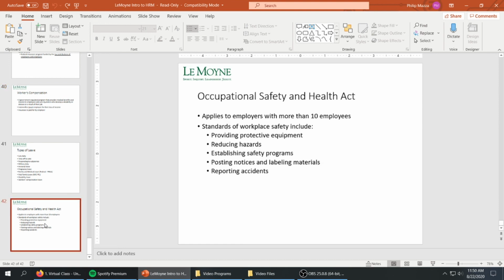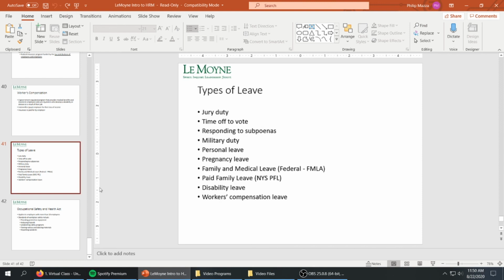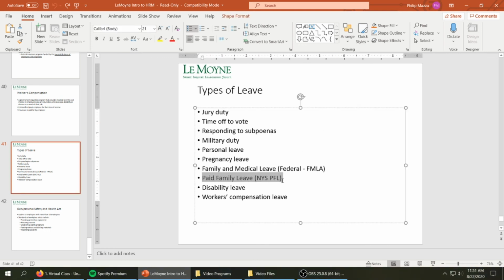That always ties in with OSHA. OSHA regulations and rules apply to employers with 10 employees or more. And this slide shows and talks about the various types of leaves, and you'll see in New York State we have to add the paid family leave.